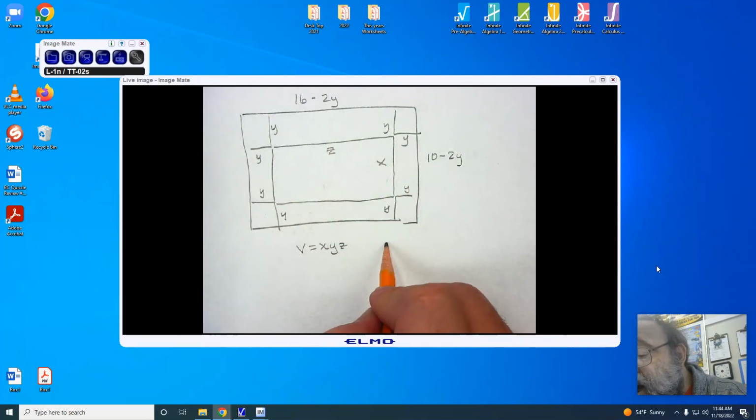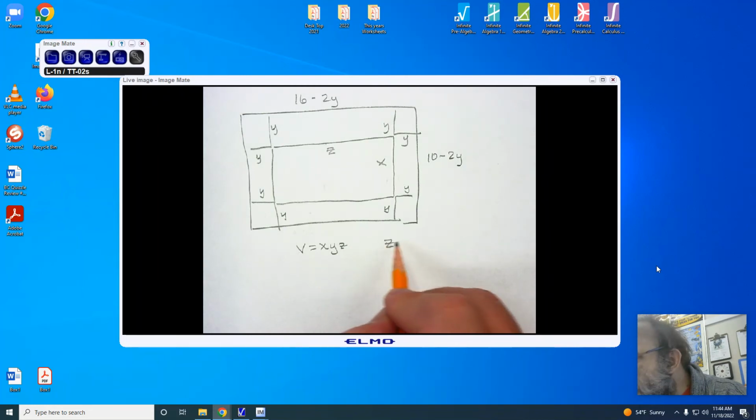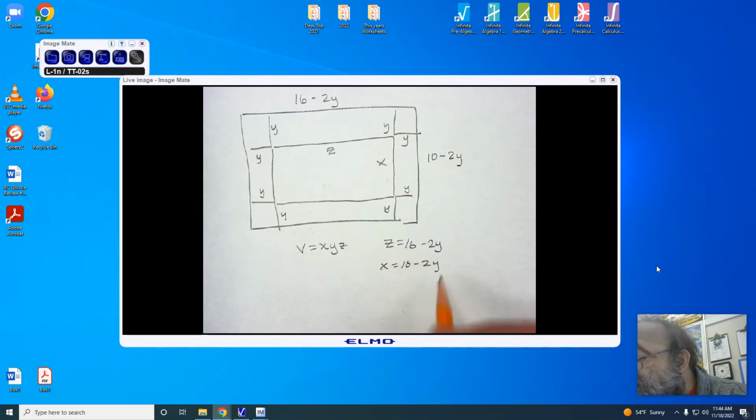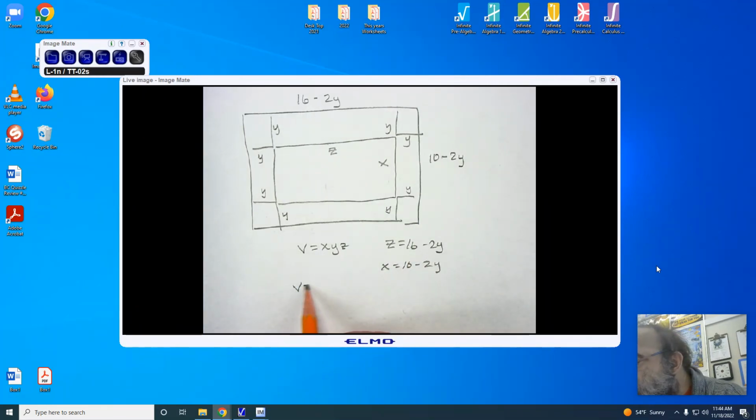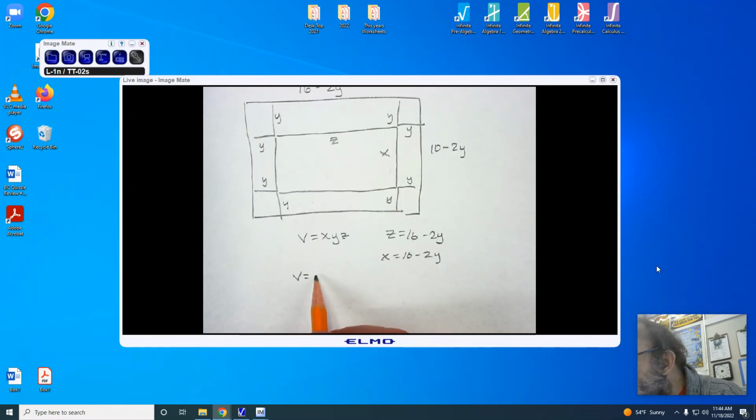That means that my z has to be 16 minus 2y, and my x is 10 minus 2y. These are now my linking equations going into the volume formula, and I'm now going to have 10 minus 2y times y times 16 minus 2y.